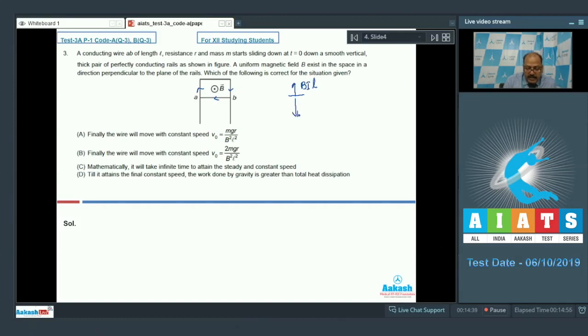So on the wire there is upward force which is BIL, and there is force mg. BIL we can also write as BL, and I will be the EMF upon resistance.